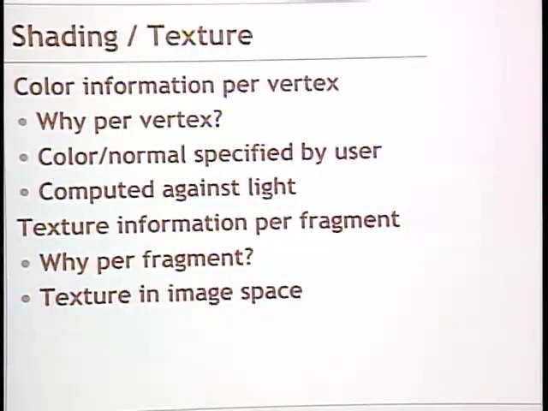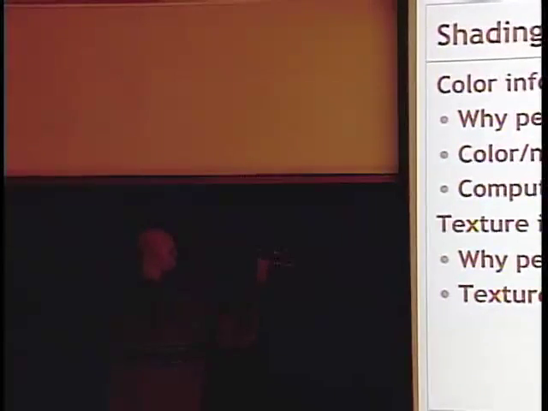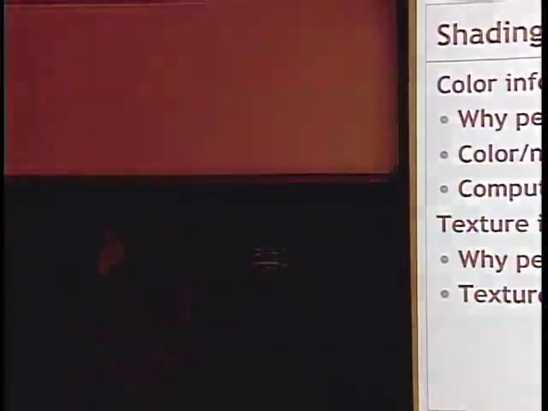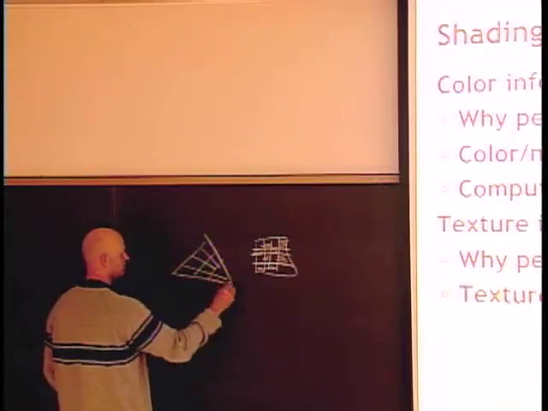Texture, on the other hand, is when we take a triangle and we say, here's a checkerboard, and we want to map it onto this triangle, and all these are filled in, and get this nice checkerboard that goes on here.